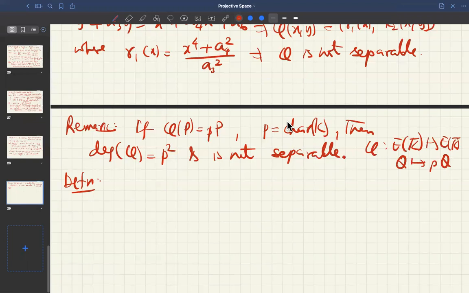So as such, endomorphisms are just group homomorphisms from E of K closure to E of K closure. So here we can define the degree and separability. Now another important endomorphism is the Frobenius endomorphism.